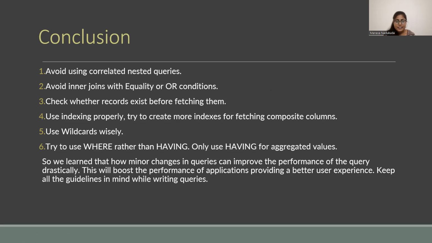And we have to try to use WHERE rather than HAVING. Only use HAVING for aggregated values. So these minor changes in queries can improve the performance of the queries drastically. And they will help to boost the performance of the application, providing a better user experience.